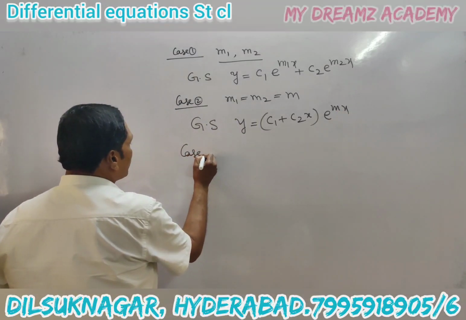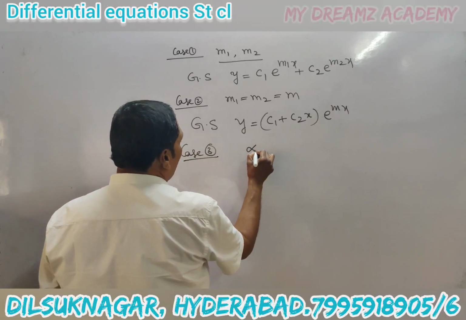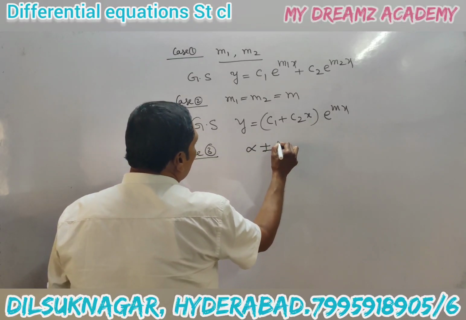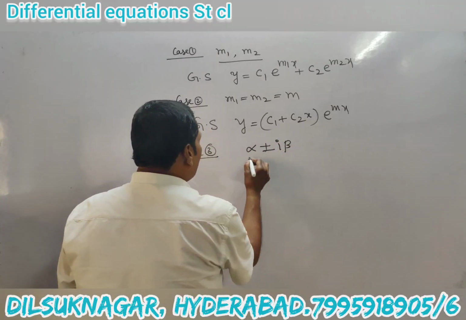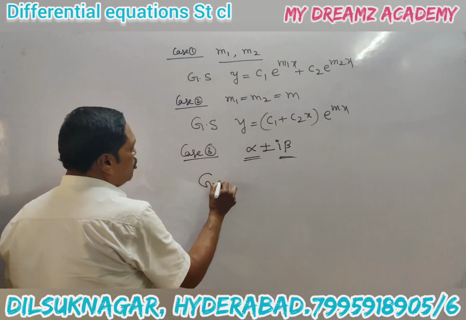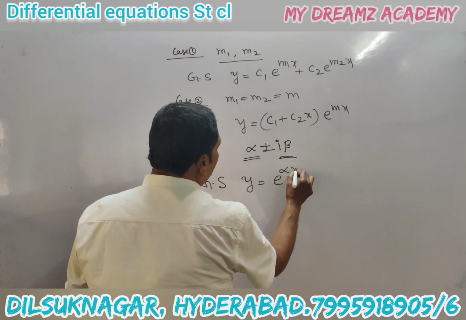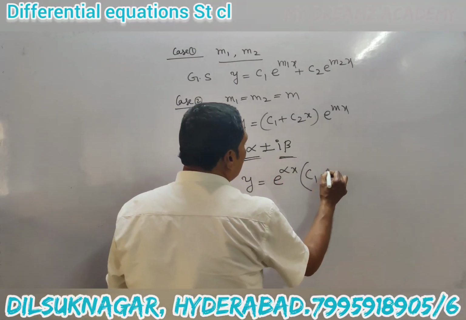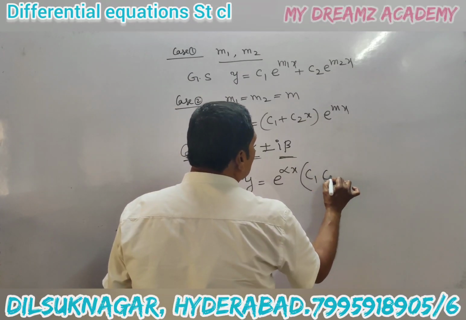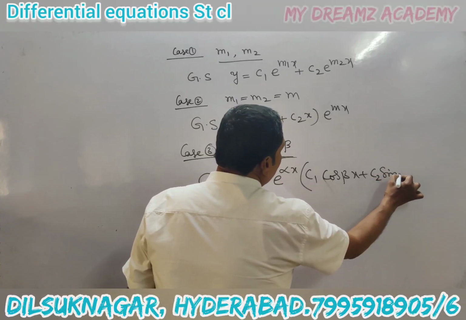Case 3, complex roots. Roots are in the form of alpha plus or minus i beta. Alpha is the real part, beta is the imaginary part. Then the general solution will be y is equal to e power alpha x into (c1 cos beta x plus c2 sin beta x).